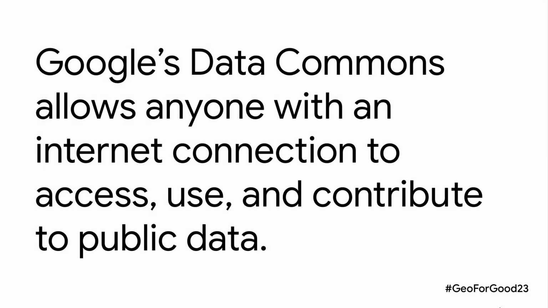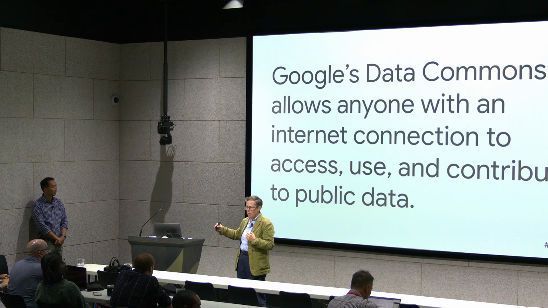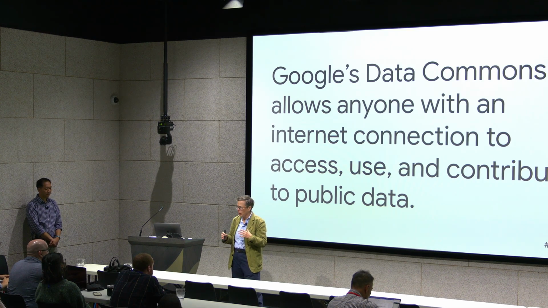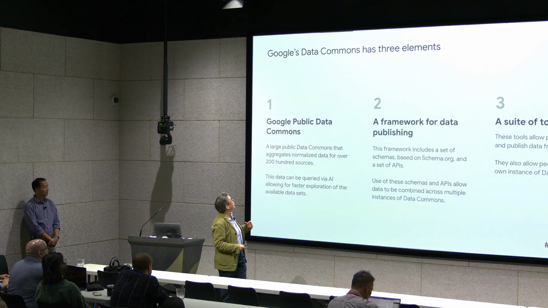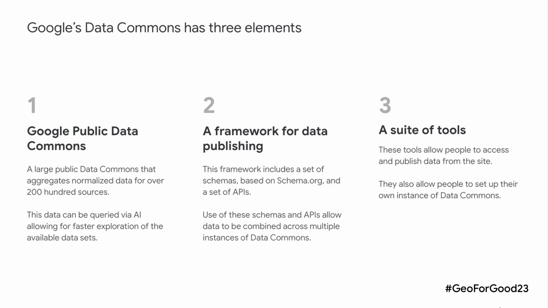Furthermore, the ability to pull out some of that data and put it in a spreadsheet, which is the data environment in which I'm most comfortable, and then be able to manipulate it in combination with my own data is also possible and exciting. So Data Commons has three basic elements.